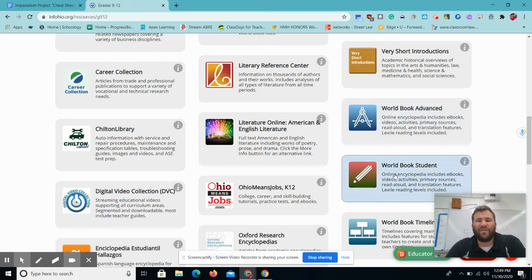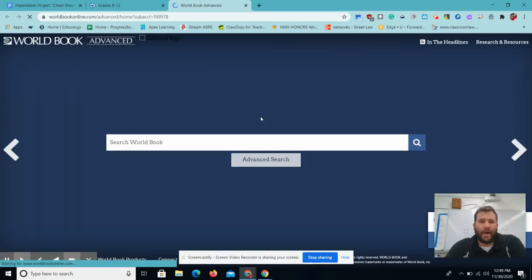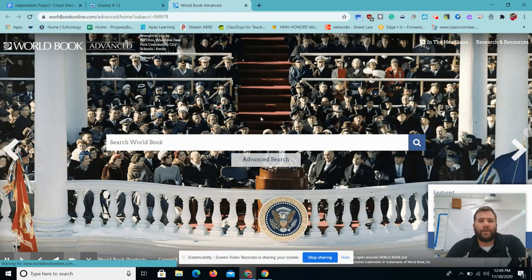Right? You could click on the student one. It simplifies it a little bit, but for our purposes, I'm going to click on World Book Advanced. All right. Once you click on World Book Advanced, it should kind of look like a Google site, right? But instead of searching all of Google, it's going to search a World Book Encyclopedia. Now, World Book Encyclopedias are very credible sources. They're unbiased. They give you the information that you need to know.